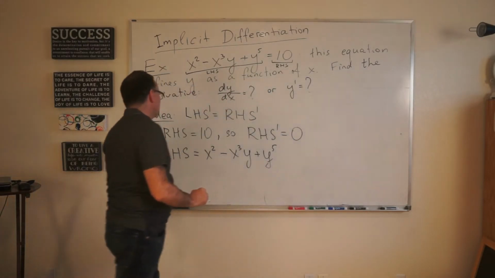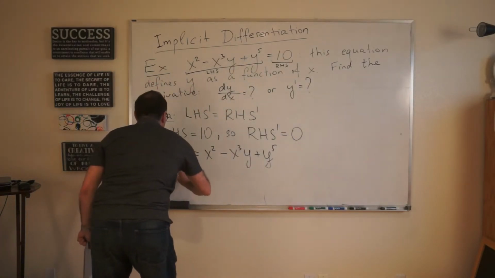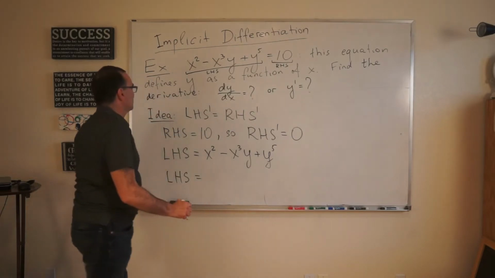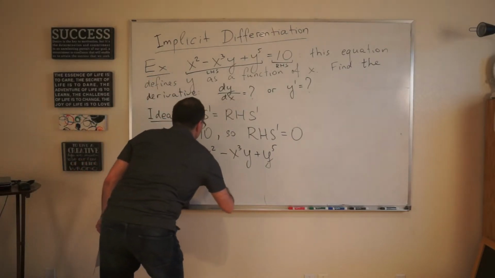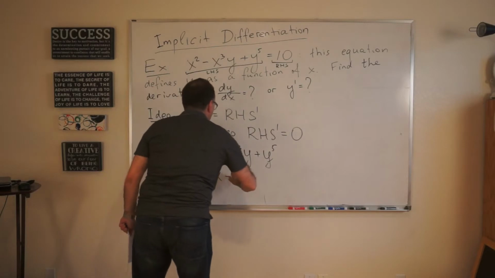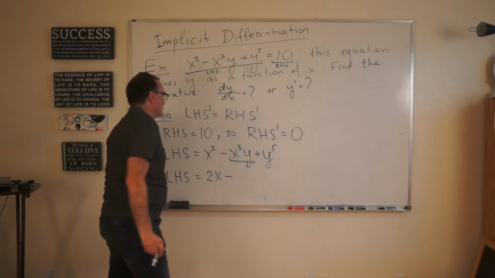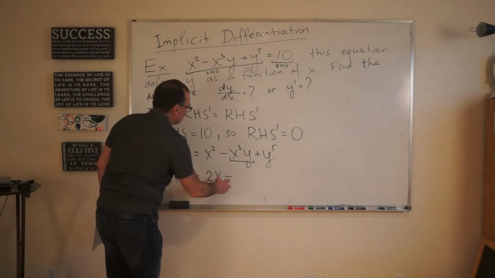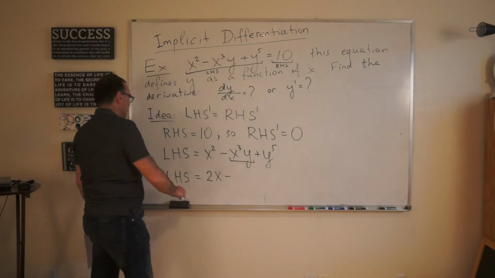So let me write it here. Left hand side is x squared minus x cubed y and plus y to the power 5. Now to calculate derivative of the left hand side, we have to apply some rules. Like x squared is easy, so the derivative is just 2x. Now to calculate derivative of this, then minus means minus on the derivative.